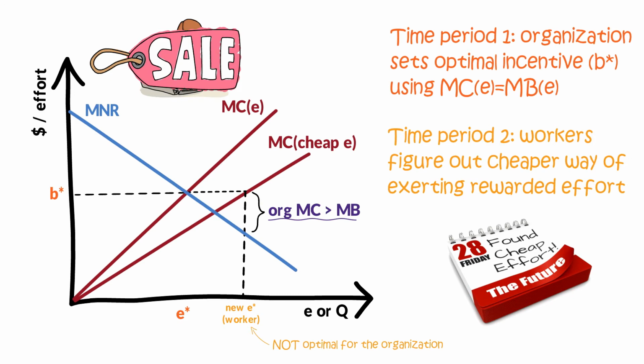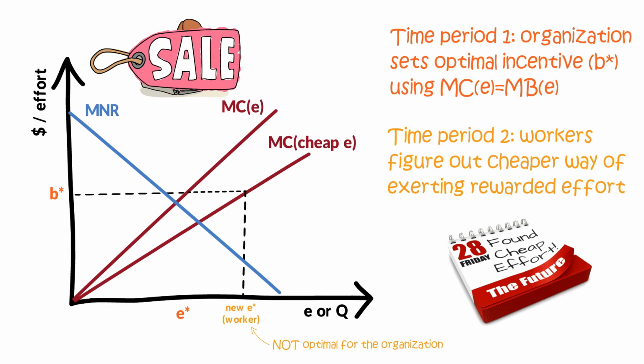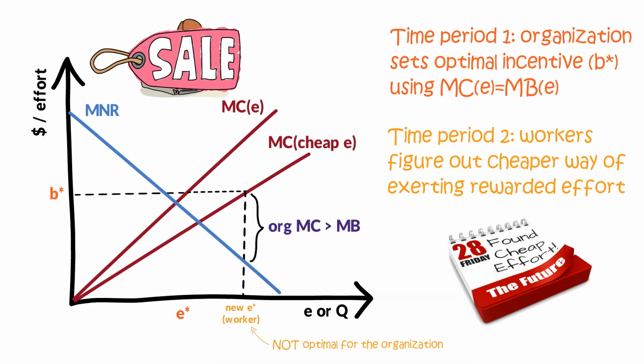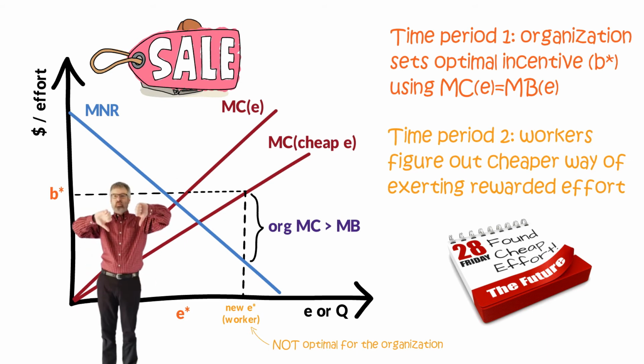In other words, the marginal net revenue generated by this lower quality effort is likely lower than the original marginal net revenue curve because this effort isn't as valuable. Graphically, we can portray this as a shift down in the marginal net revenue curve, which equals an even larger gap between the organization's marginal cost and marginal benefit. So finding a cheap way to exert more effort and still get rewarded for it is good for the self-interested worker, but is harmful to the organization.